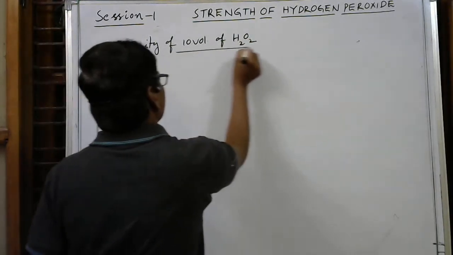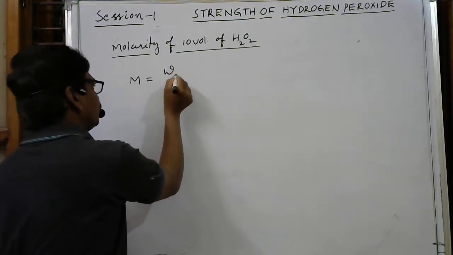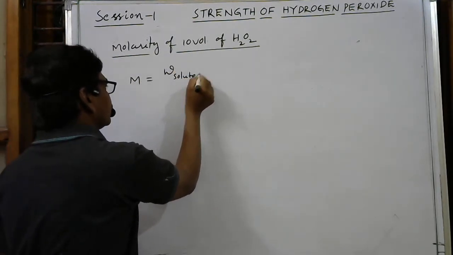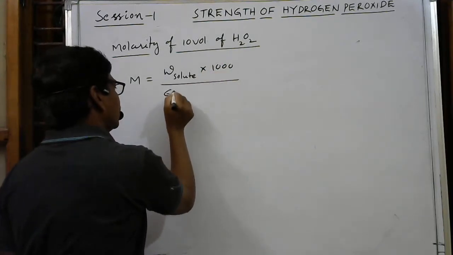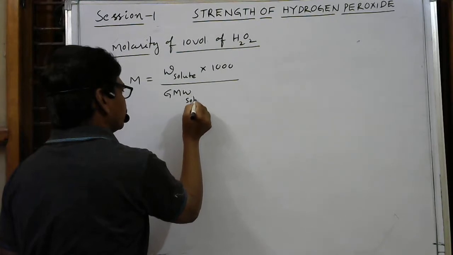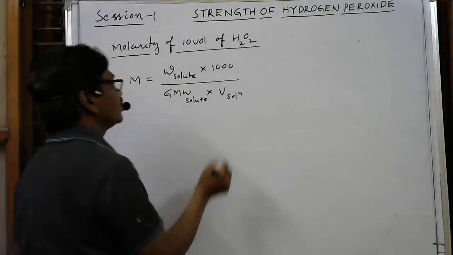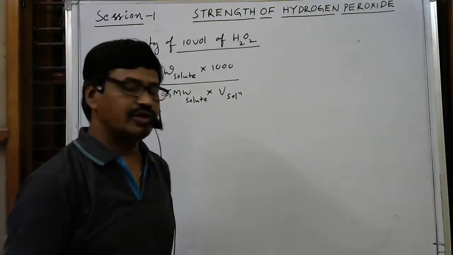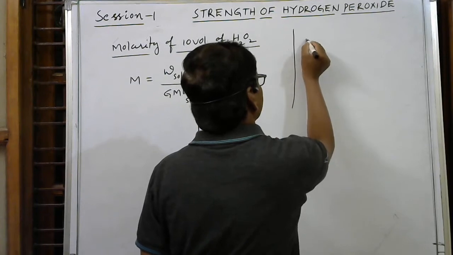First you should know the formula of molarity. Molarity equals weight of solute into 1000 by gram molecular weight of solute into volume of solution. As per 10 volumes of hydrogen peroxide, here I'm writing data points.